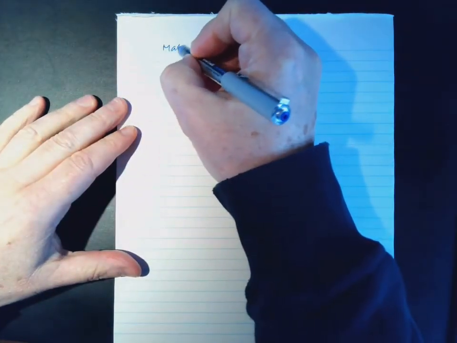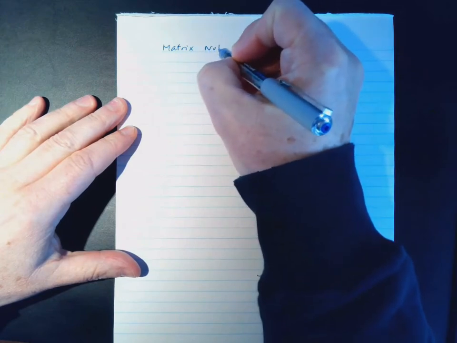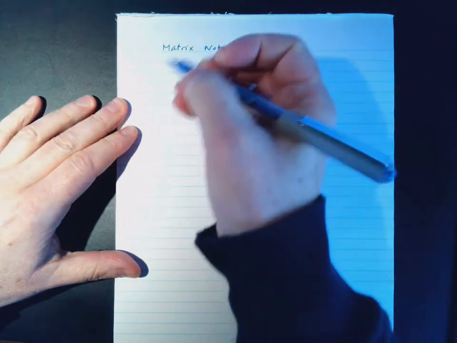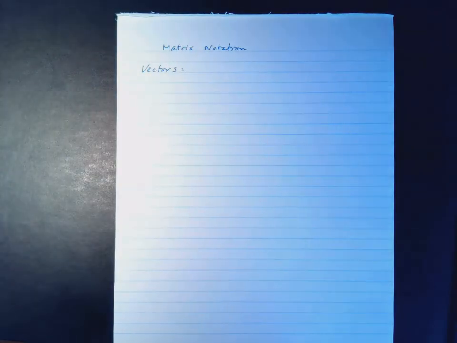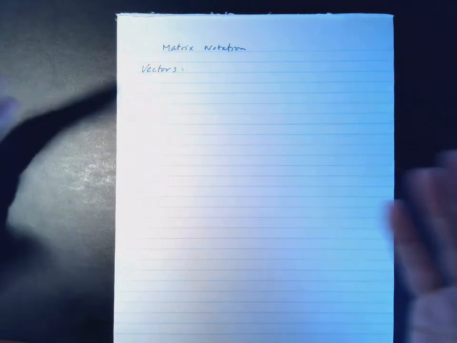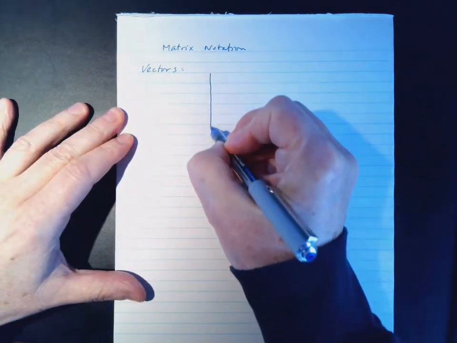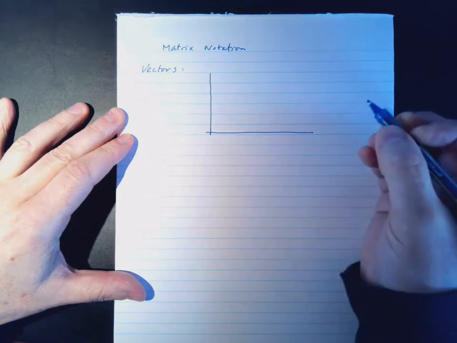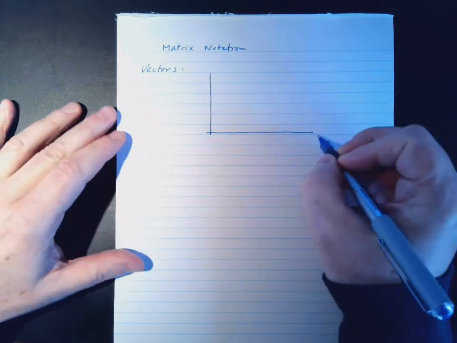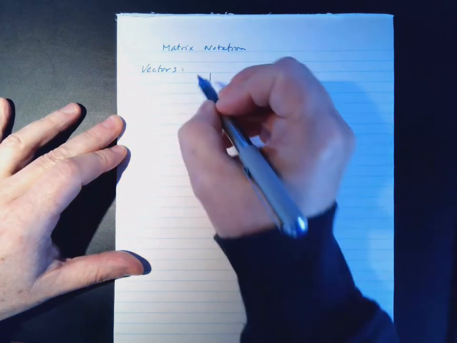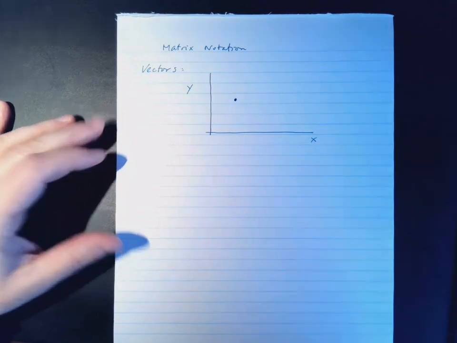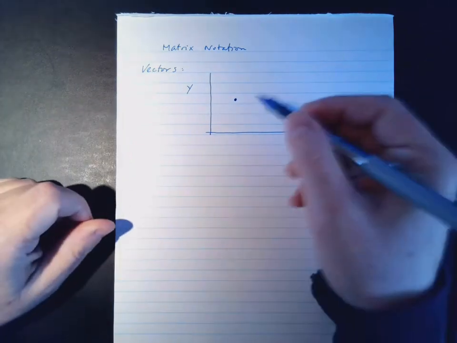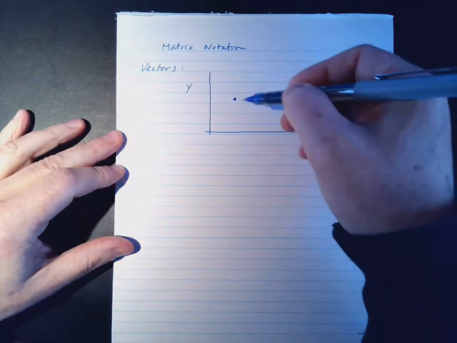So let's start our discussion of matrix notation by looking at vectors. A vector, you can think of it as a point in space. If we have a graph that has two dimensions, the x direction and the y direction, and we have a point in space, how do we describe that point?